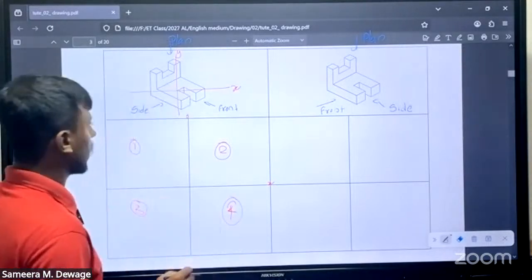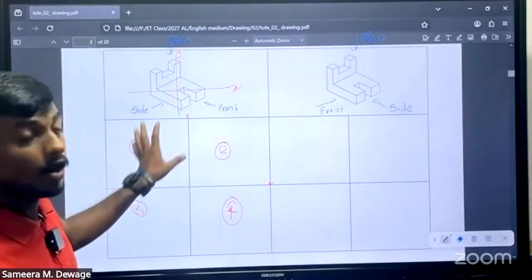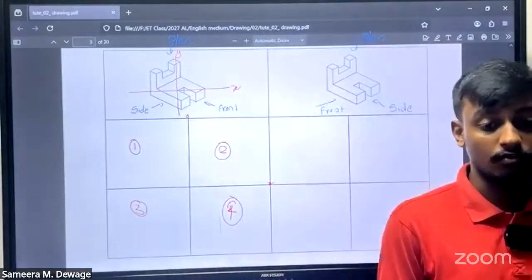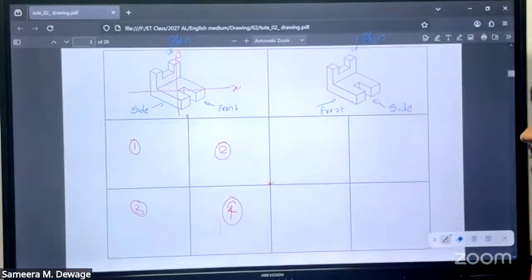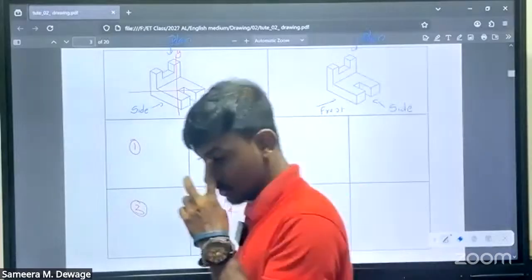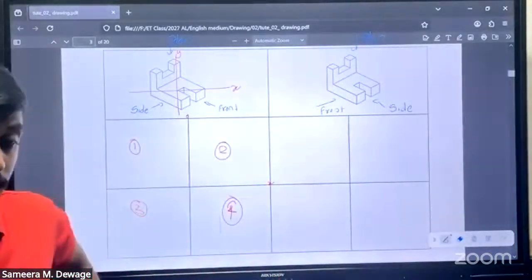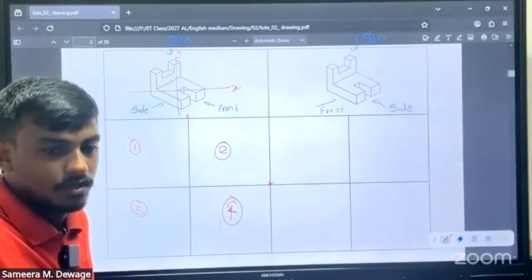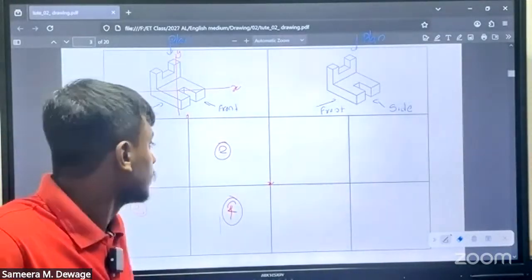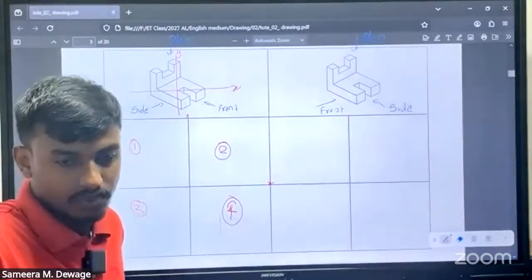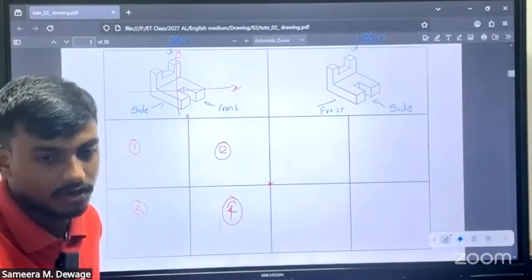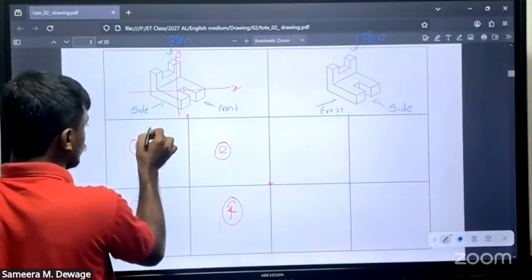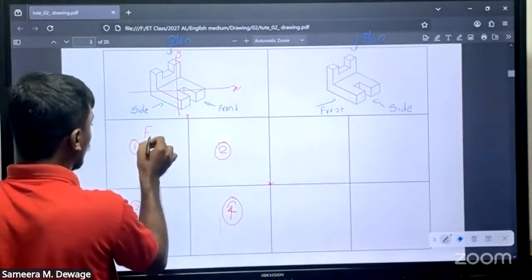Can anyone tell me where the front view locates? So the human says number 1. Stefan also number 1. Kavinda, yes. Okay. All are correct.